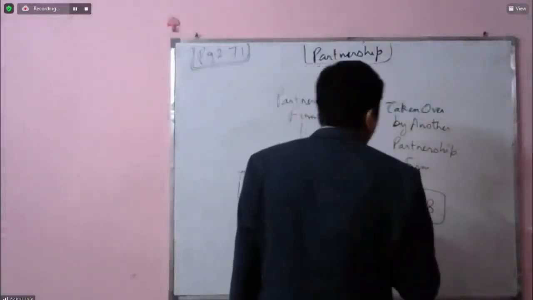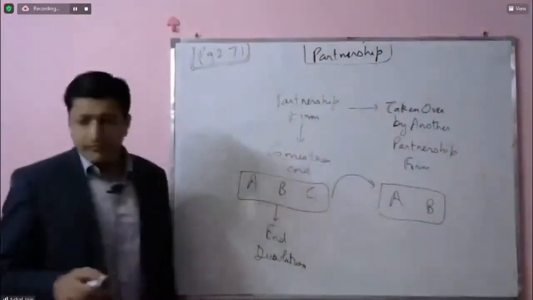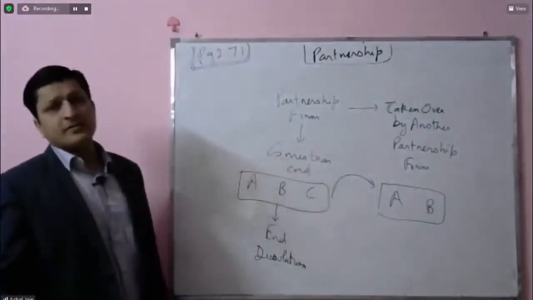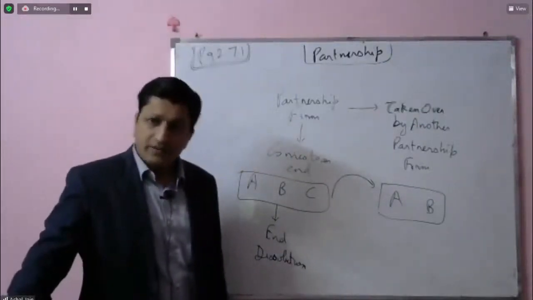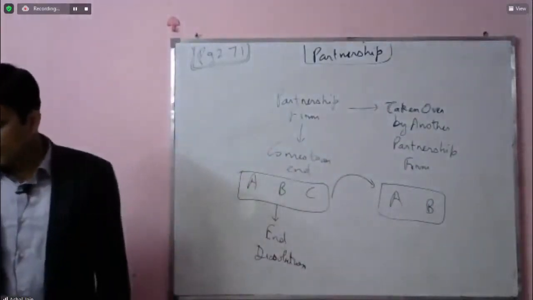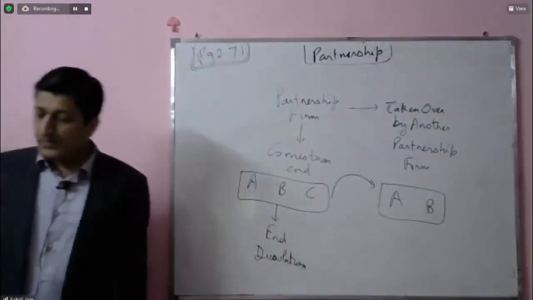So it shifts to a new partnership firm, or you can say a new partnership firm has taken over the business of the old partnership firm. Simple, easy to understand. So let's understand some of the points around this.